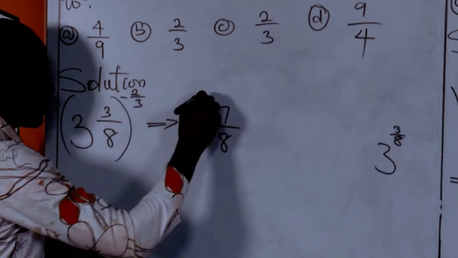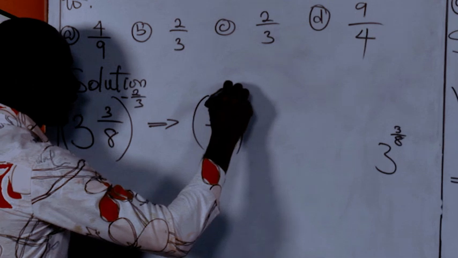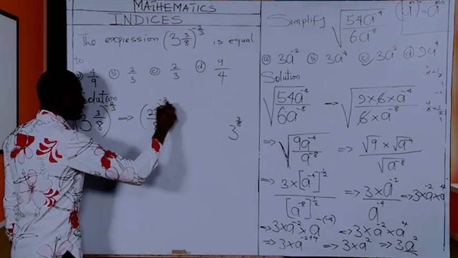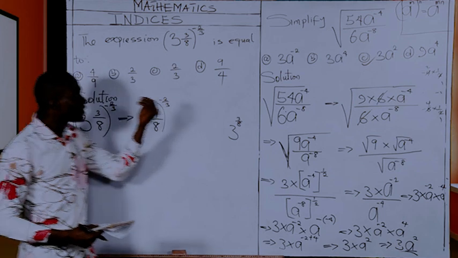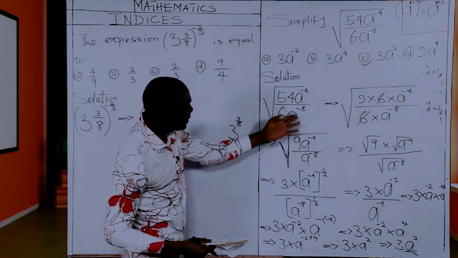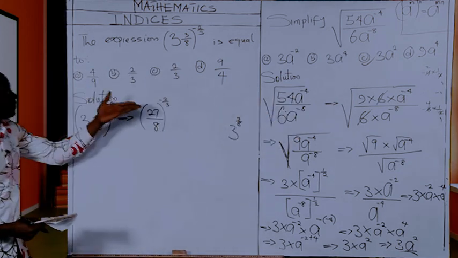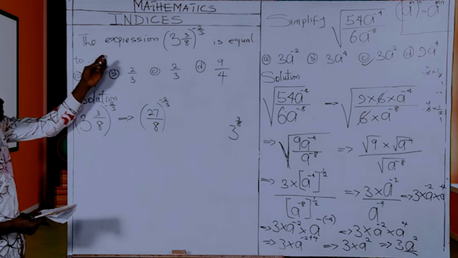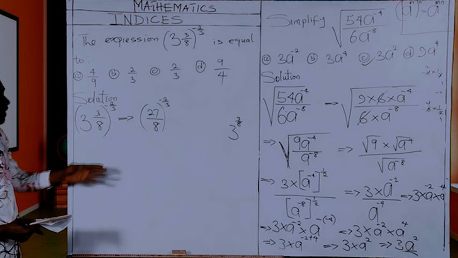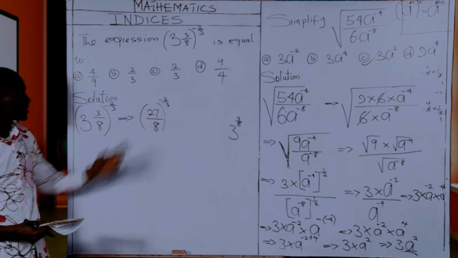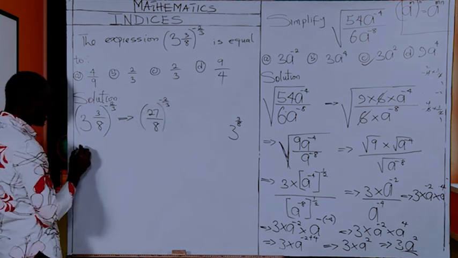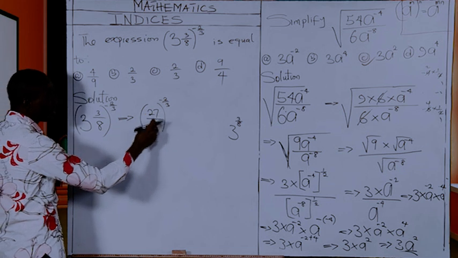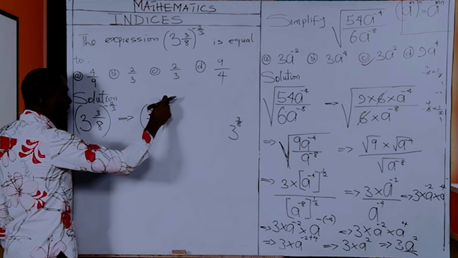Then we have our -2/3. All right. Now from the little explanation I gave in the first question, when you have something like this, this one means we have 27/8 all raised to -2/3.